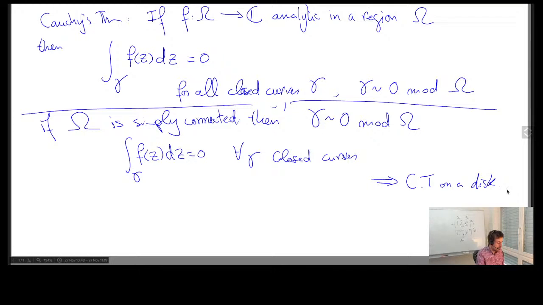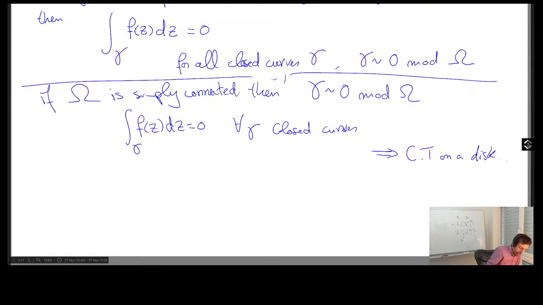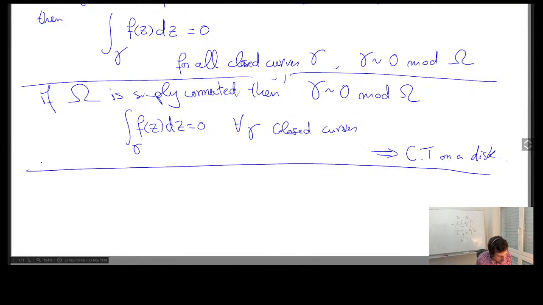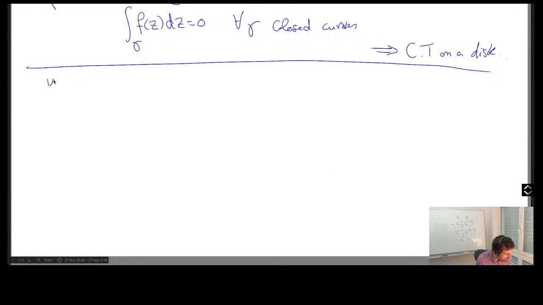But now what happens if omega isn't simply connected, right? So what do we have then?